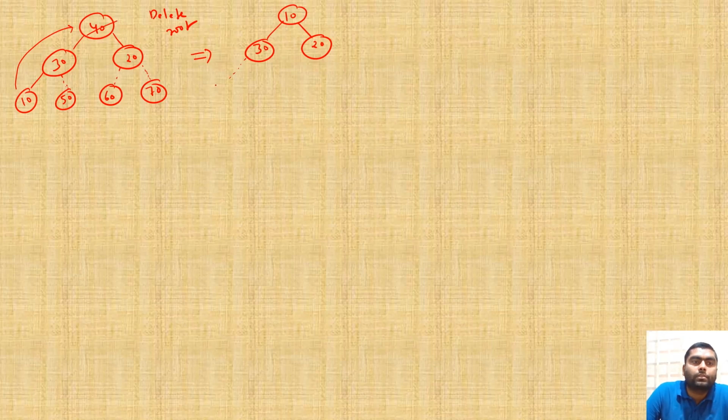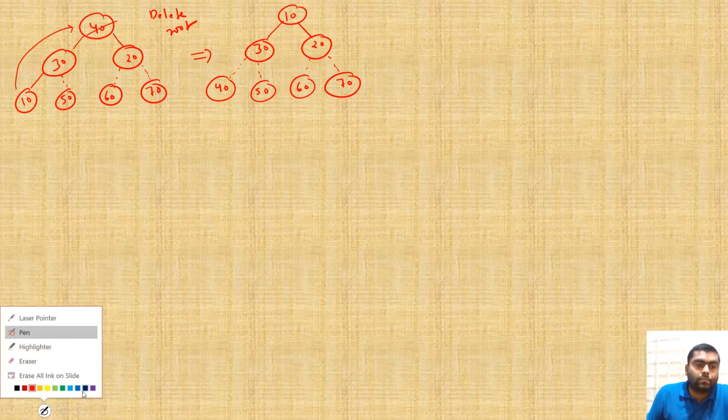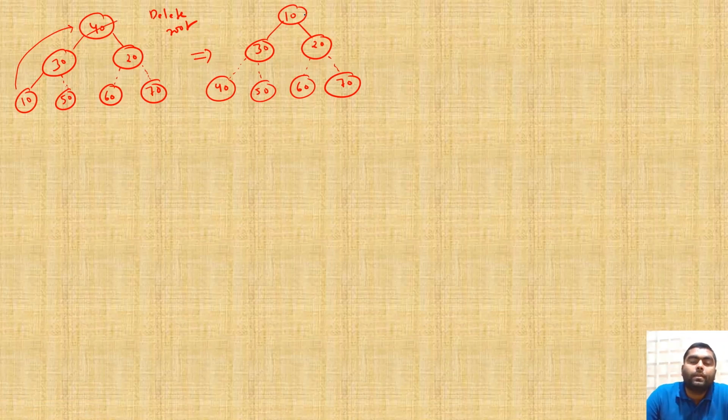So 40, these all values are sorted: 50, 60, 70. Okay, now it is not a max heap, so we have to maintain max heap. So what will be the resultant after that? So resultant is what? 30 will be replaced. Okay, so this interchange is required in order to maintain a max heap.